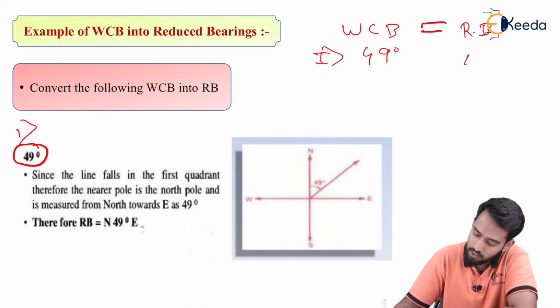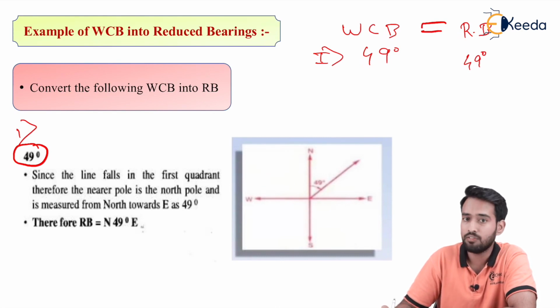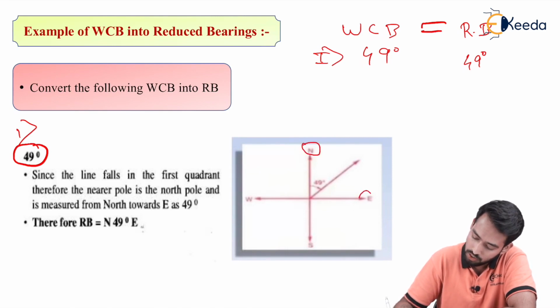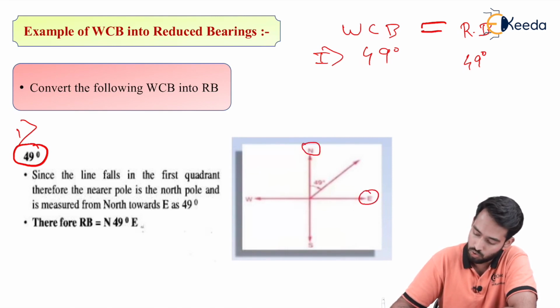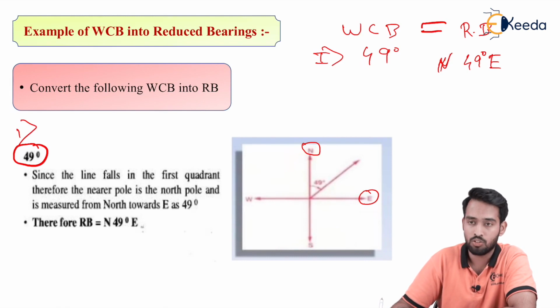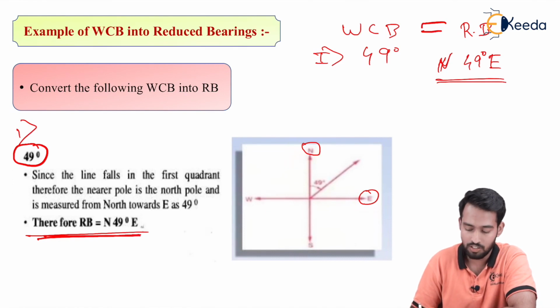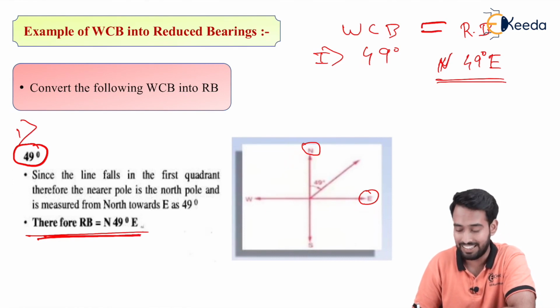So RB will be 49 degree only, but here we have to write the quadrant. The first quadrant is nothing but your north east quadrant. So the RB will be in the northeast direction. So we have to write north 49 degree east. Therefore RB will be north 49 degree east.